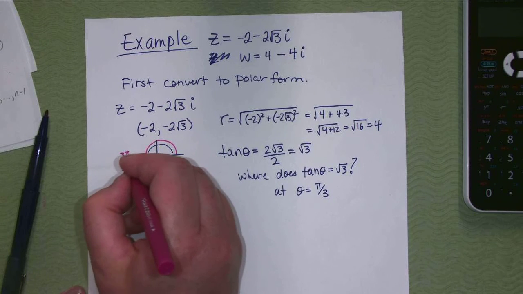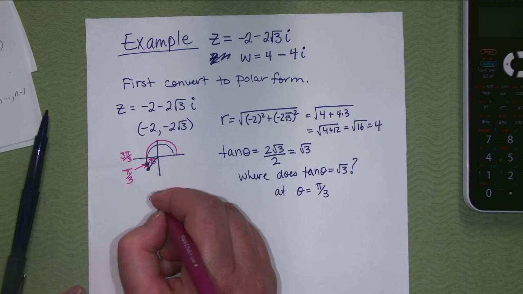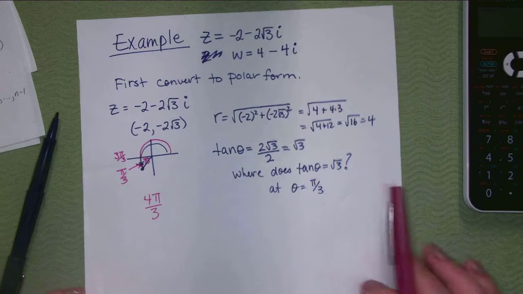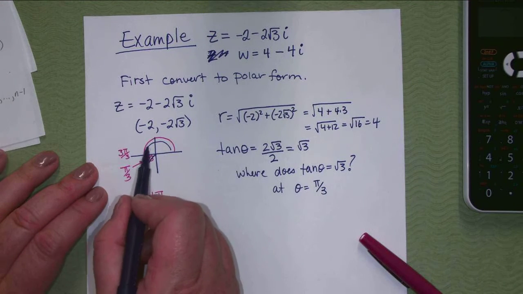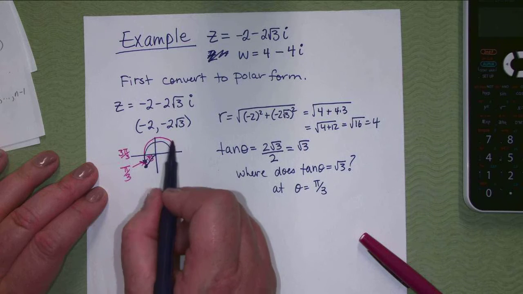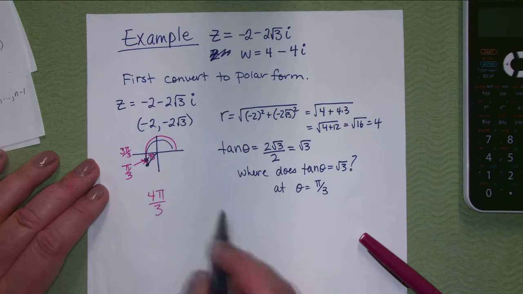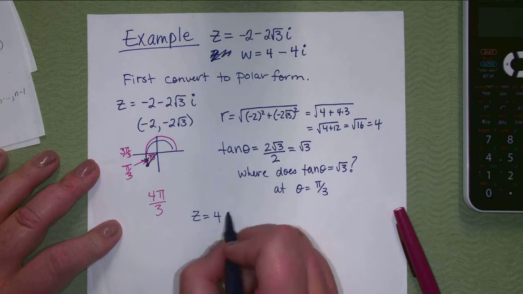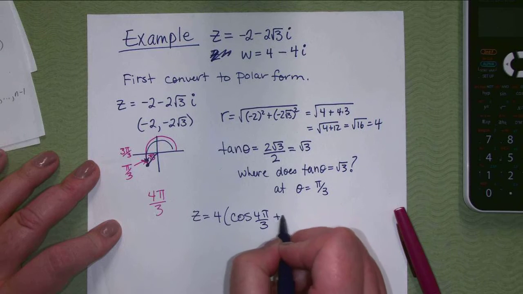Right, so 4 pi over 3. So our first one, Z, is 4, that was our R, cos 4 pi over 3 plus I sine 4 pi over 3.